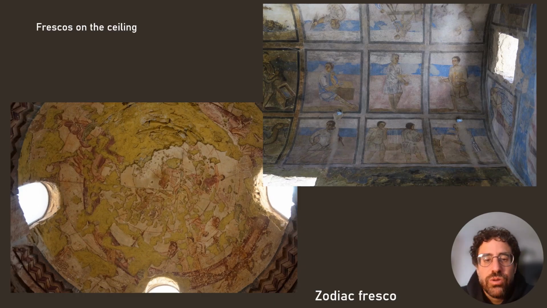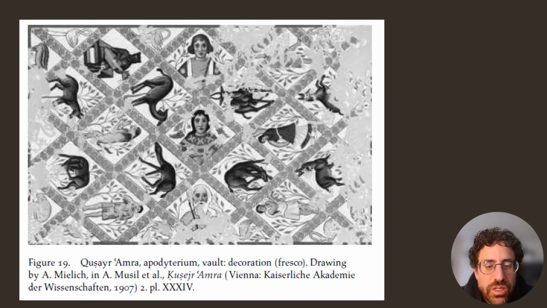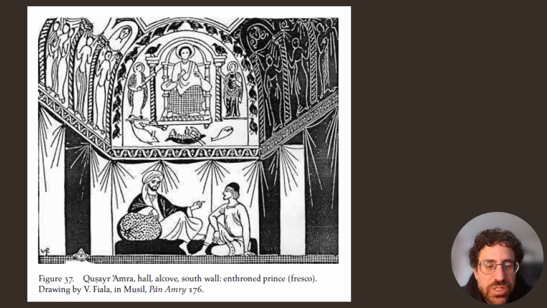And you can go through Qusayr Amra and see a continuation of, for example, a fresco depicting the zodiac in its different halls. This one I picked to show you. You have other animals, people, different figures. But most interestingly, you have a piece that is difficult to think about, but you have to understand exactly.